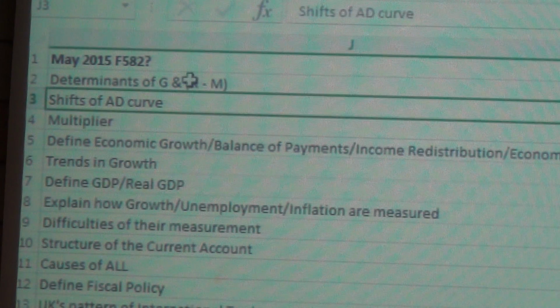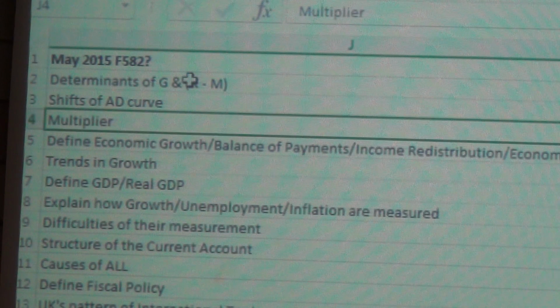Movements along the AD curve, as I said, were tested in January of 2013, but there hasn't been anything recently on shifts of the AD curve, so maybe that's something worth considering. And I think it's also worth having a look again at the multiplier, because it really was very badly done by candidates last year, so maybe this year or in the sessions to come it'll be tested again.